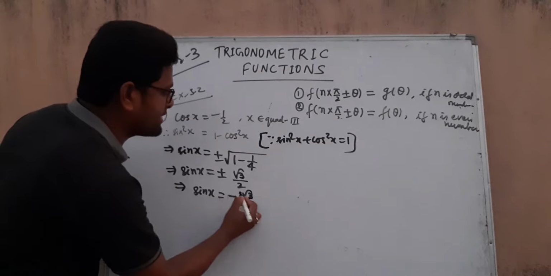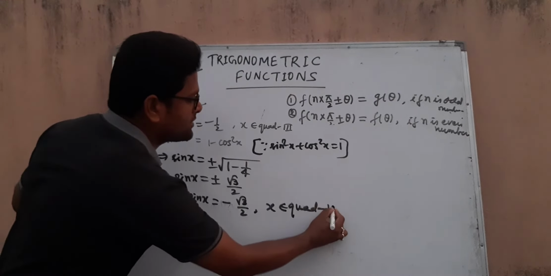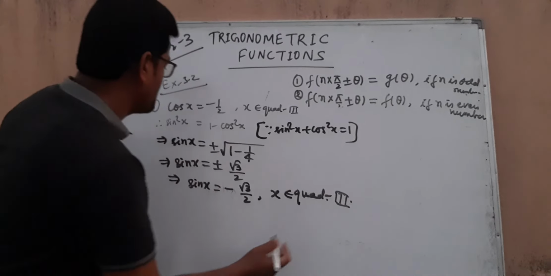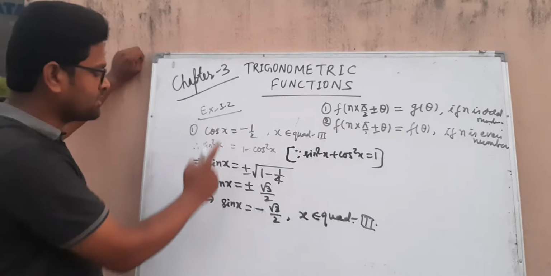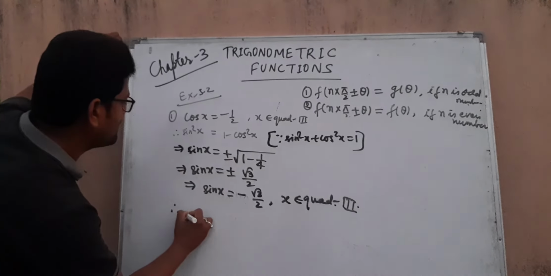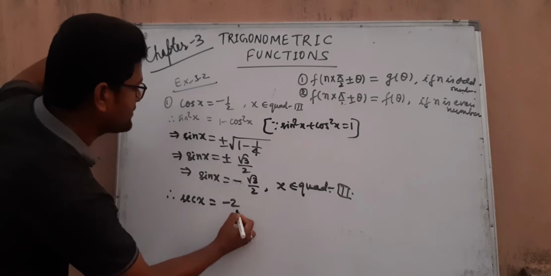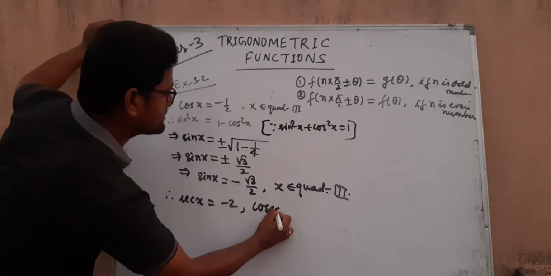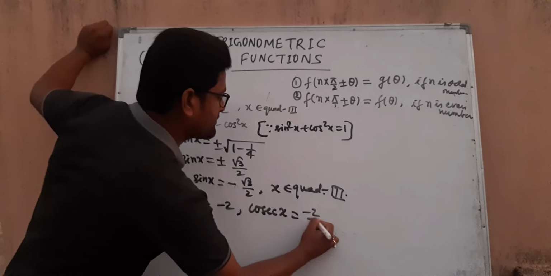In this way we decide. We write here, since x belongs to quadrant 3. In the same way, on the basis of cos you can find sec x, and on the basis of sin x you can find cosec x. So sec x is equal to 1 by cos x, that is minus 2, and cosec x is equal to 1 by sin x, that is minus 2 by root 3.